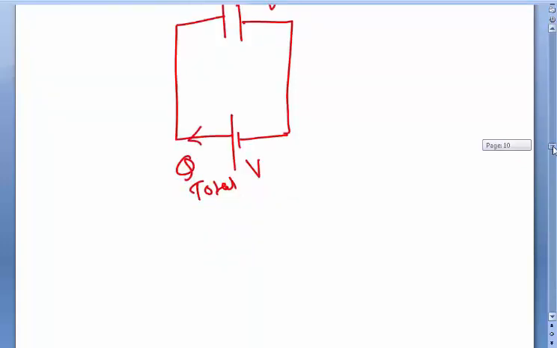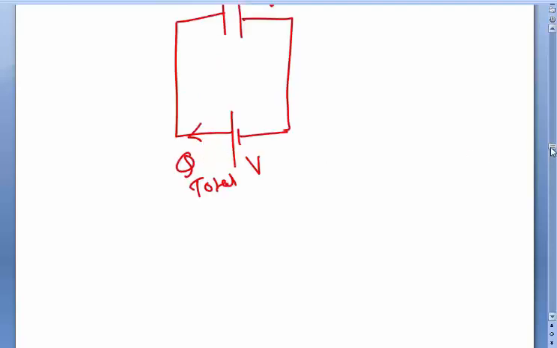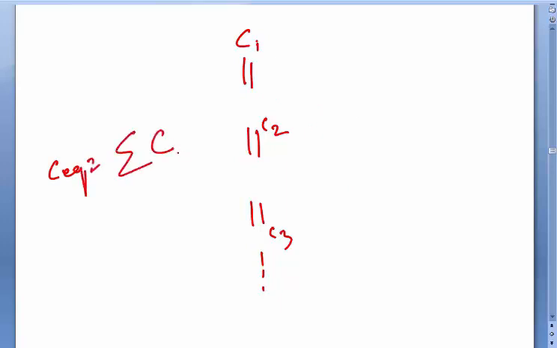Okay, so this is the concept of capacitors in parallel. Now the other important point for any general arrangement, suppose this is a capacitor, say C1, C2, C3 and whatever it may be. So when we calculate C equivalent, C equivalent will be the summation of Ci, where i goes from 1 to n.